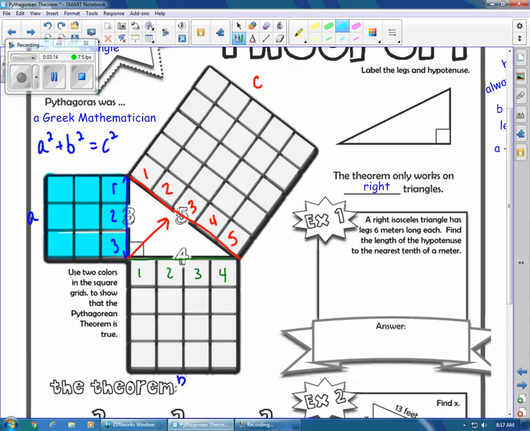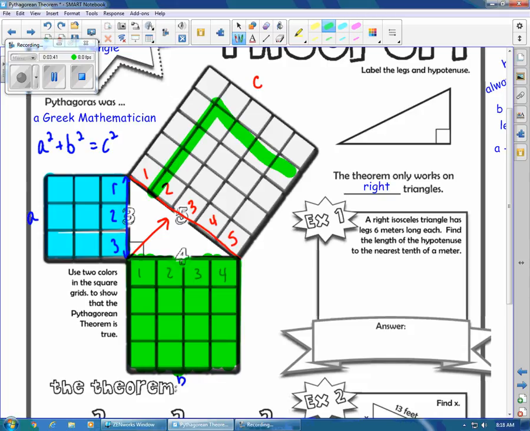And if I take the length of my B side and square it, so 4 squared, 4 times 4 is going to be 16. I'm going to have 16 units on this side. And Pythagoras says that's going to equal my C side squared. So let's see if that works. What I'm going to do is color in 16 of the C side green.